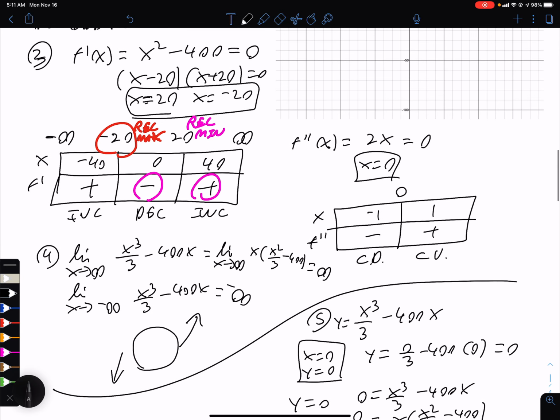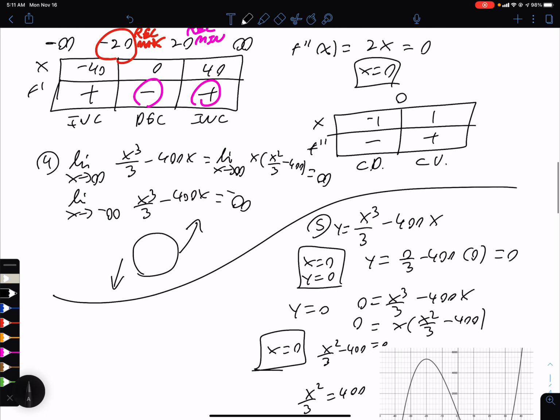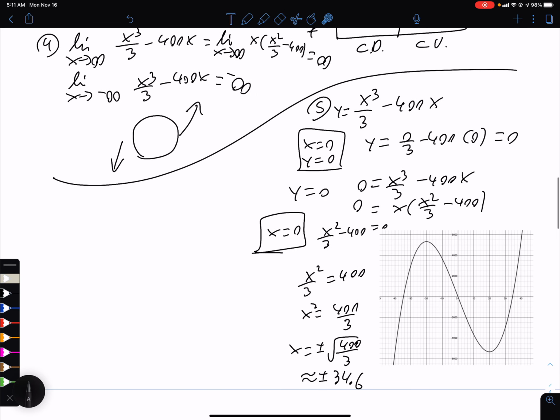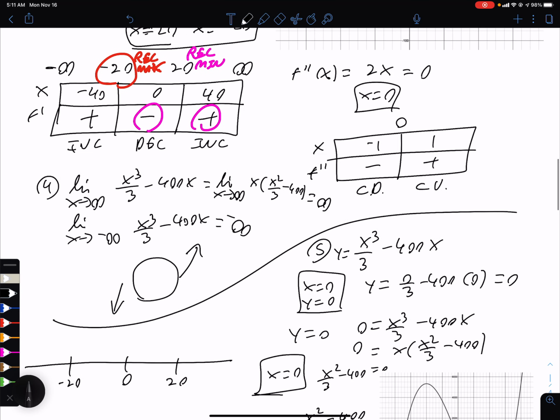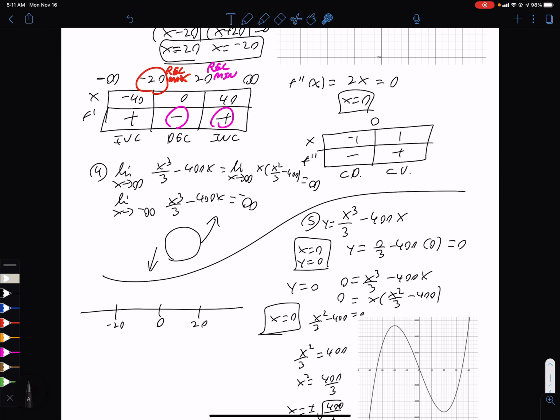Okay, this is kind of crazy. Let's look at regions. So we need to look at the negative 20, 20, and 0. Those are our regions we're concerned about. So to help get this situated, what's happening in each region? To the left of negative 20, we have increasing and concave down.